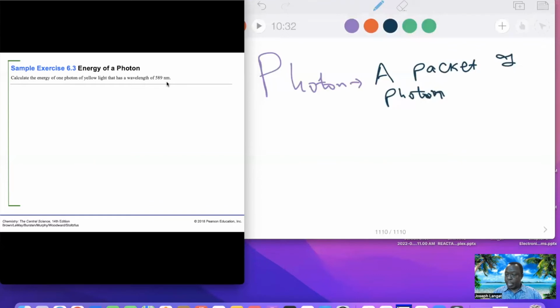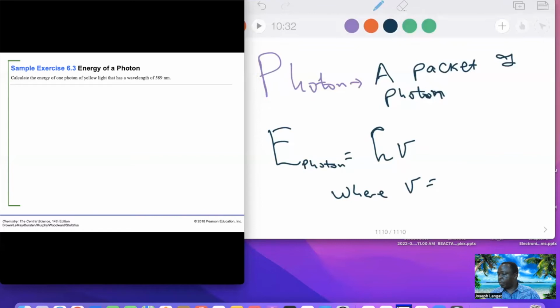Remember again what I said earlier on. If we're calculating E of a photon, this is given by Planck's constant times the frequency, where sometimes you may not be given the frequency.